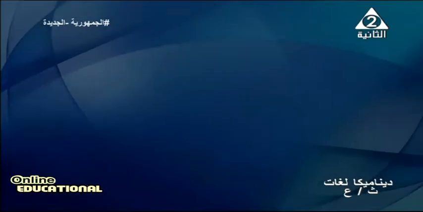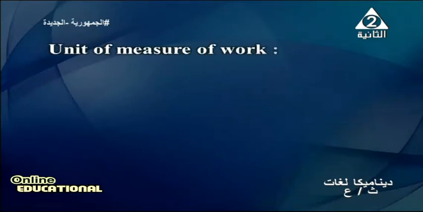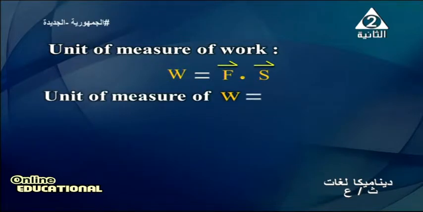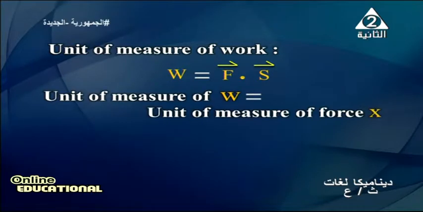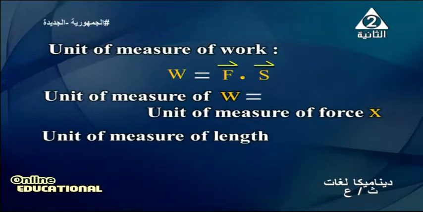Now, dear student, what is the unit of measure of work? We know that the work W equals vector F dot vector S. Then the unit of measure of W equals the unit of measure of force multiplied by the unit of measure of length.